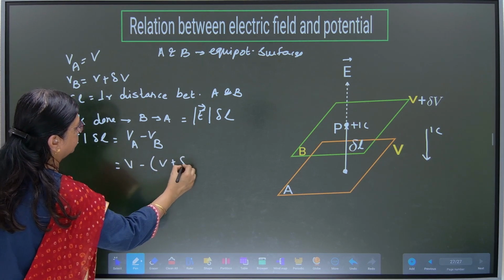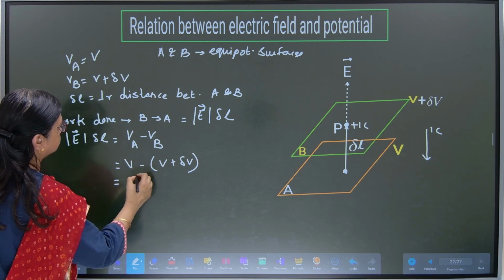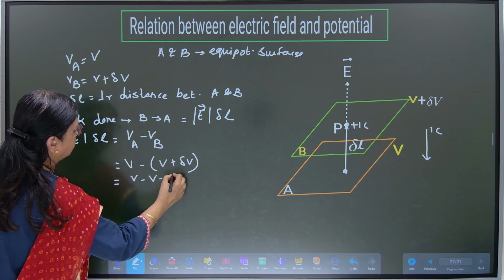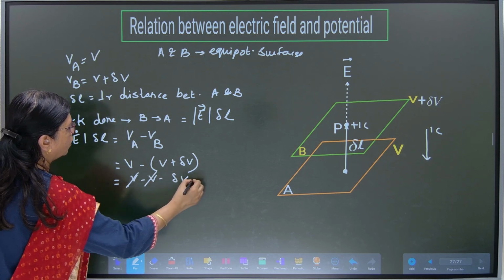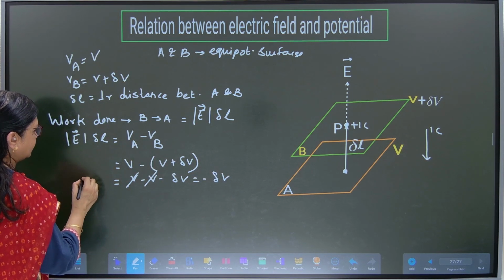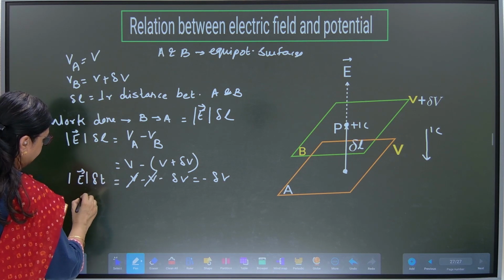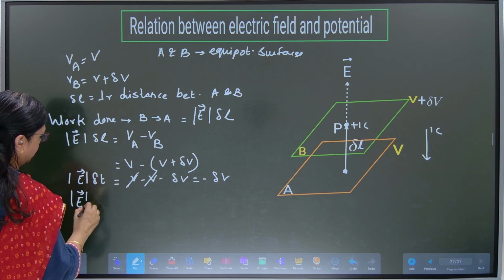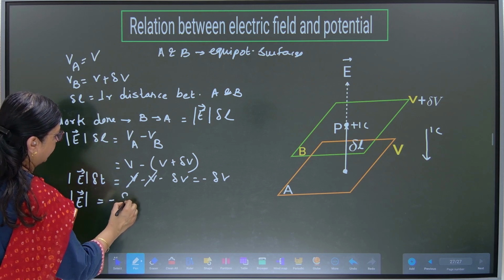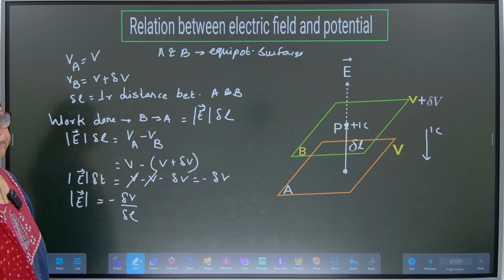V plus delta V. So, V minus delta V. What do I have? Negative delta V. So what is electric field then? Value electric field modulus is equal to negative delta V upon delta L.